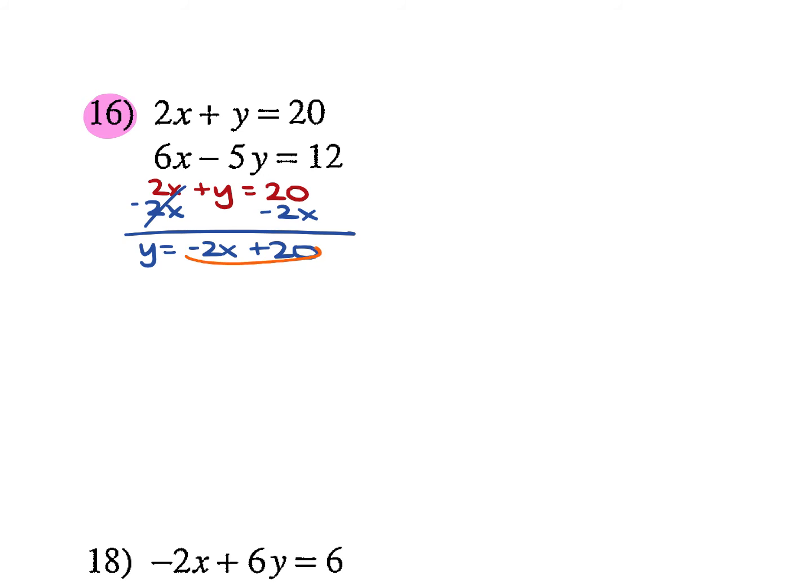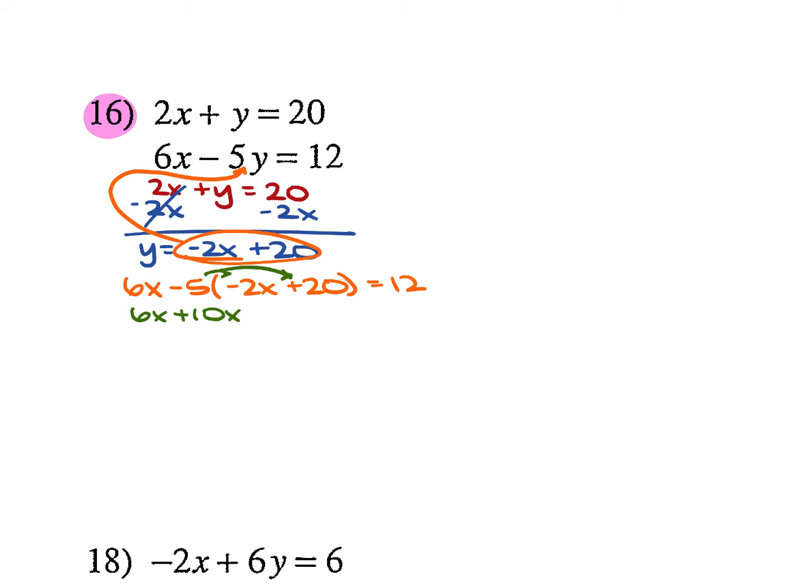We then take that negative 2x plus 20 and plug it in for y in the second equation. So it's going to be 6x minus 5 times negative 2x plus 20 is equal to 12. Distribute the negative 5, so it's 6x plus 10x minus 100 is equal to 12.